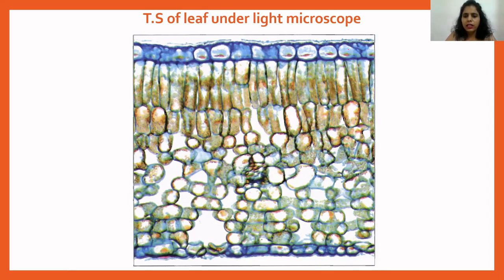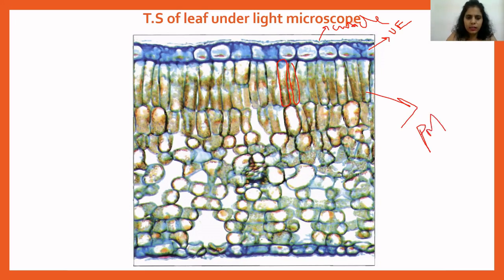Now, if you look here, this topmost layer is your upper epidermis. This thin layer covering the upper epidermis is the cuticle. Cuticle is the waxy coating or waxy layer present on top of the upper epidermis. Below this upper epidermis, we have these long and elongated cells, which are known as palisade mesophyll cells.